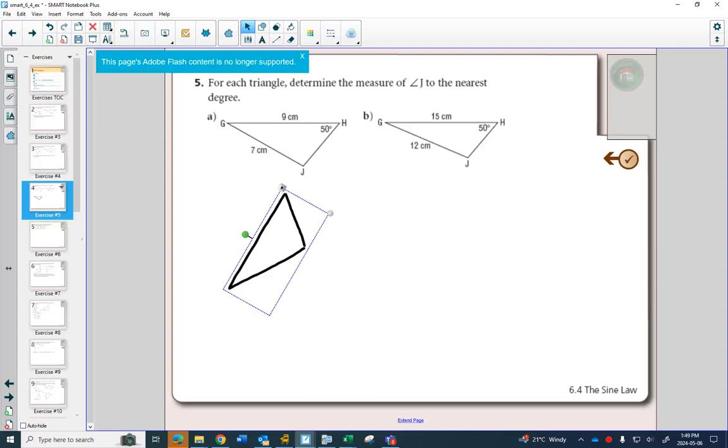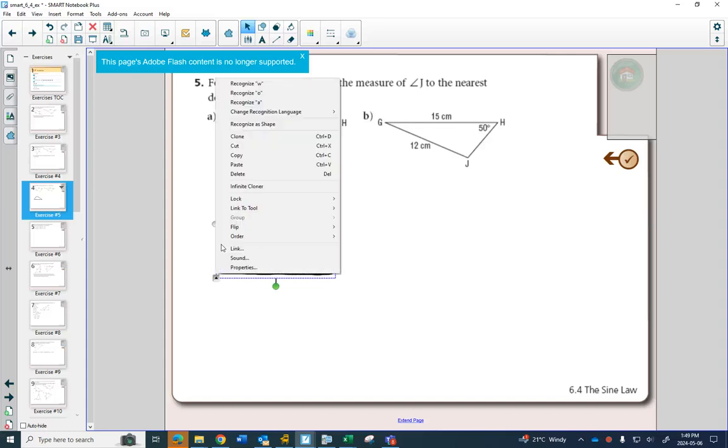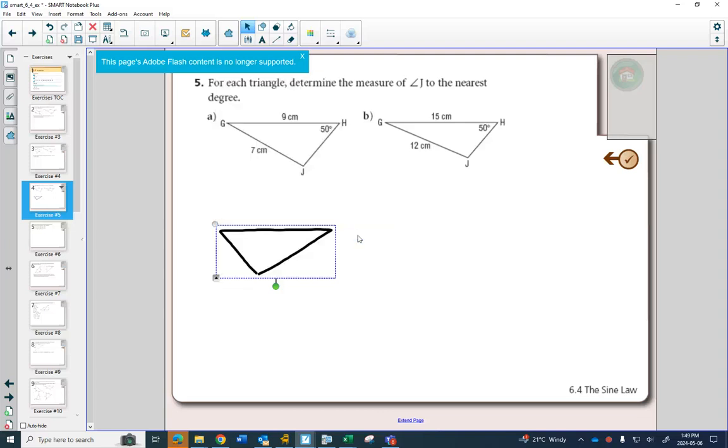Okay, I got confused where I am. Okay, it started like this. I should have labeled something.